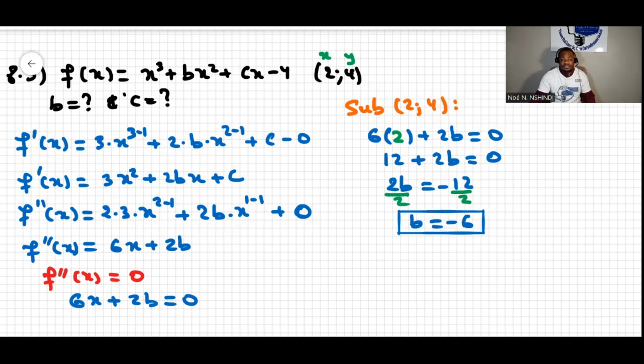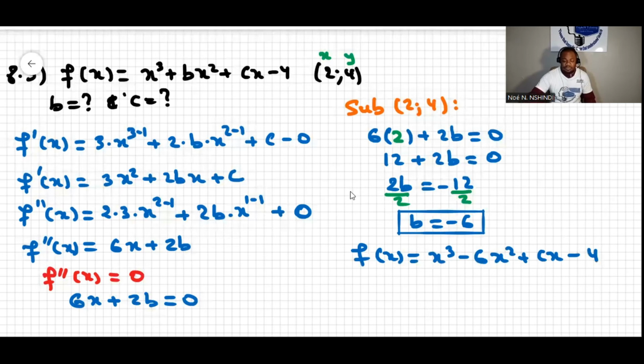So if we have b, we can substitute the value of b in the main function. So the function now has one unknown less. It's going to be f of x equal to x cubed minus 6, because that's the value of b, x squared plus cx minus 4.